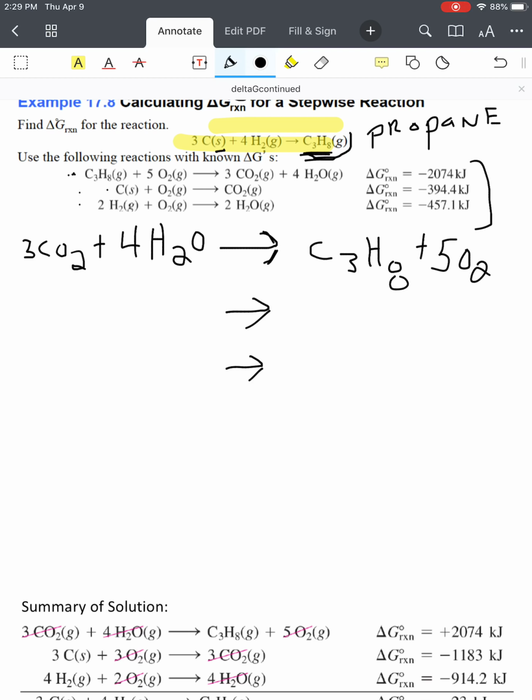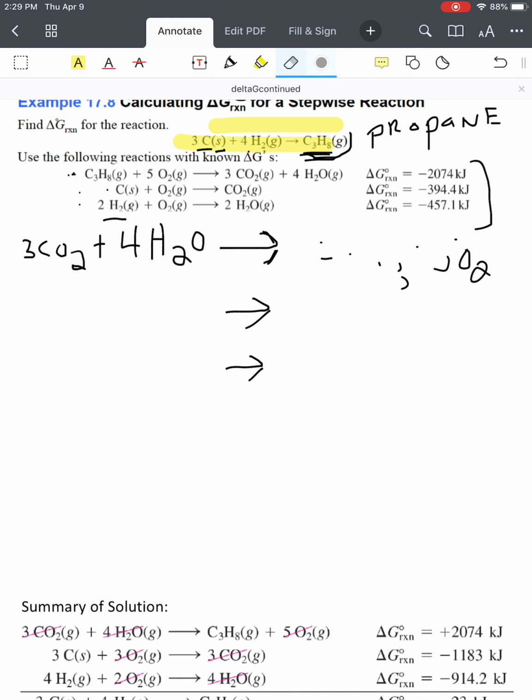In the next reaction, I've got my carbon solid. It looks like that's a reactant, so that's actually on the right side already. Likewise, hydrogen gas is on the correct side. It's on the reactant side in my desired reaction as well. So I don't have to flip it, okay? That's good news. I only have to flip that first reaction.